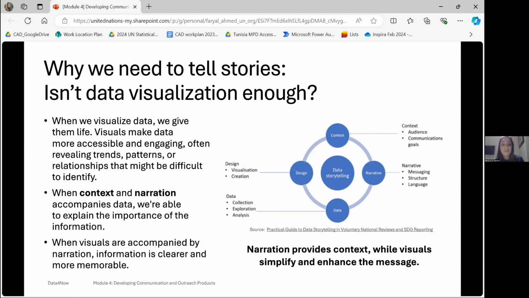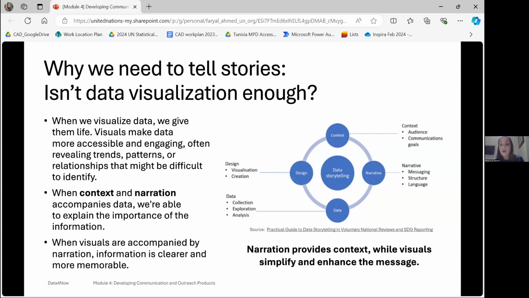So statisticians create these charts and graphs, hoping that the audience will digest the numbers the same way as they do. But sometimes if we don't give the audience also the background, the story behind the data, it's difficult for them to understand why this data matters.